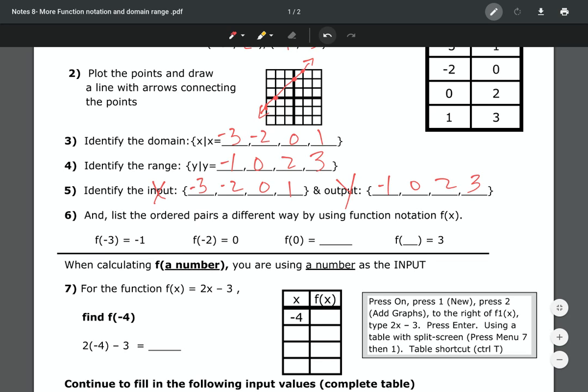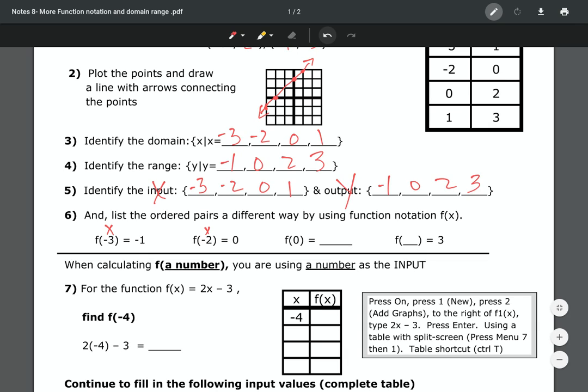Number 6 says, and finally, you can list the ordered pairs a different way by using function notation. So you see how it says f of -3 equals -1. This is your x value. So this is like the ordered pair -3, -1. Then here you have f of -2 equals 0.